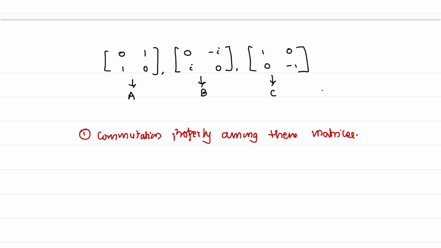Is BC equal to CB? Or AC equal to CA? That means find if AB is equal to BA or AC is equal to CA or BC is equal to CB. Which of them are commutative?